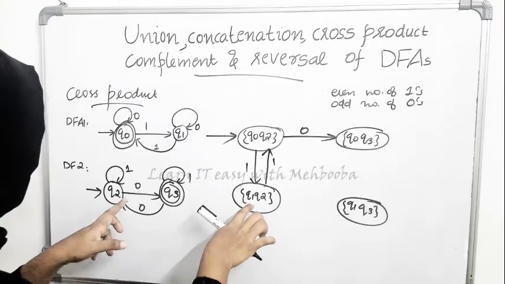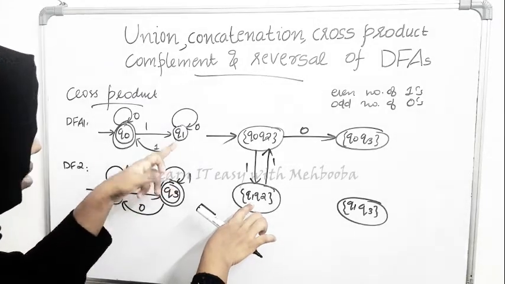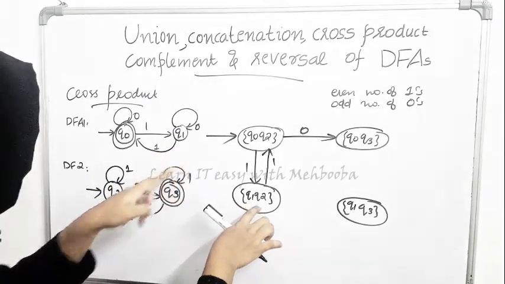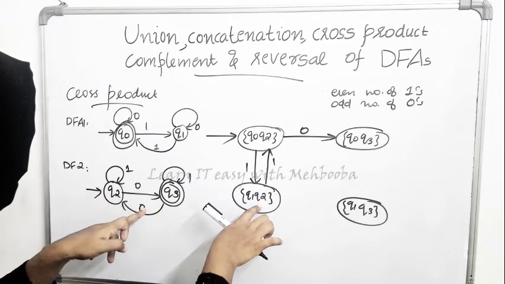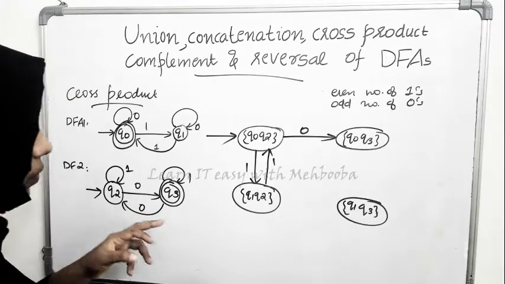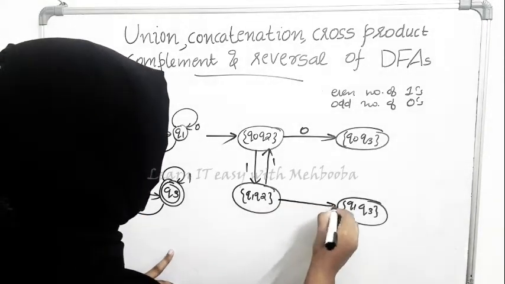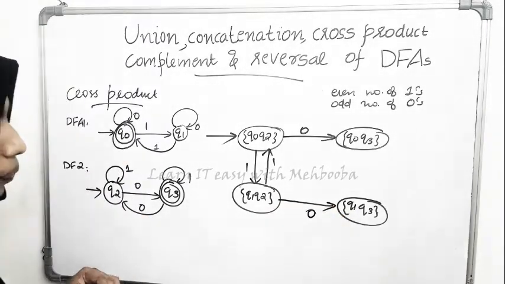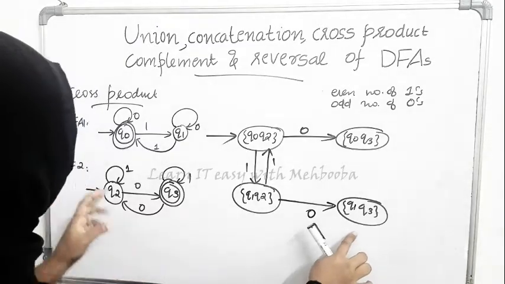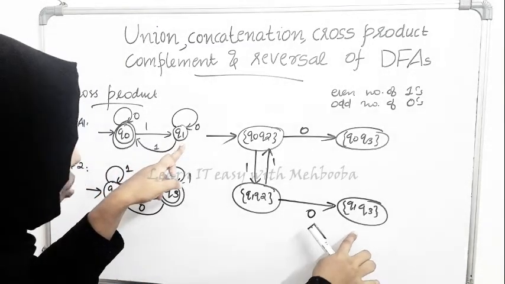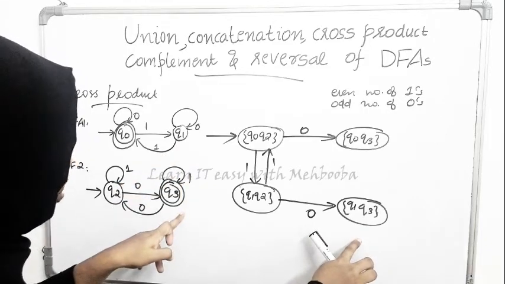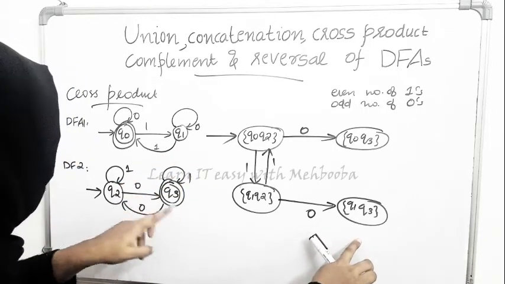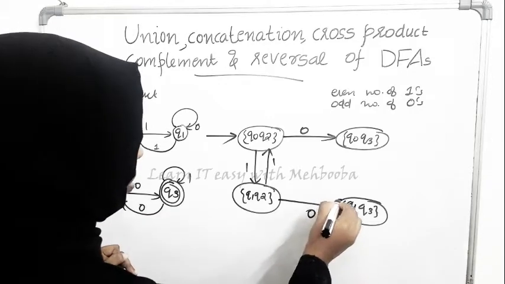Now from Q1 there is a transition on 0 to itself, and from Q2 there is a transition on 0 to Q3. So Q1, Q3 can be marked with 0. Now from the state Q1, Q3, from Q1 you have a transition on 0 to itself, and from Q3 you have a transition to Q2 on 0. So you can mark this.